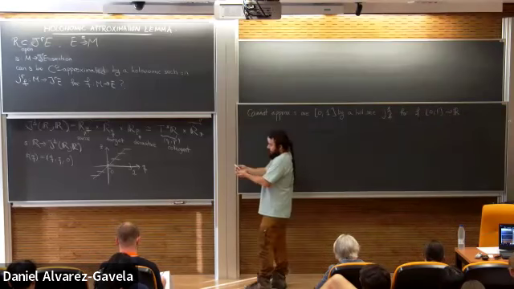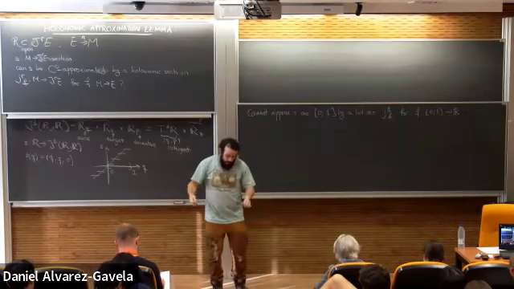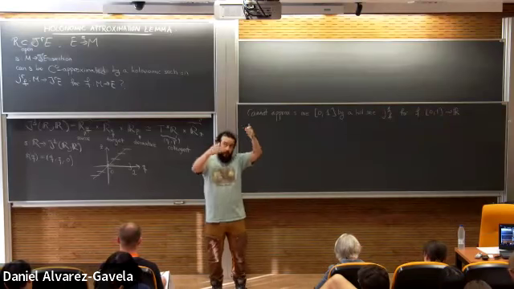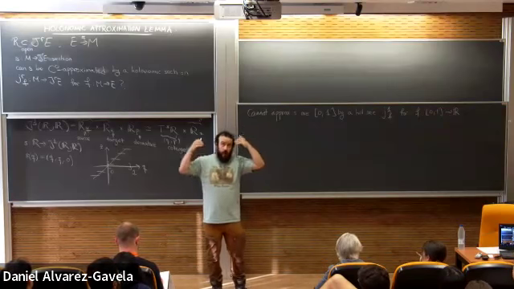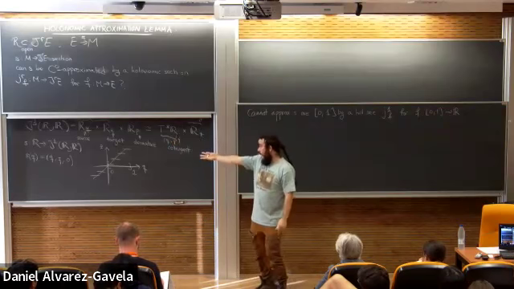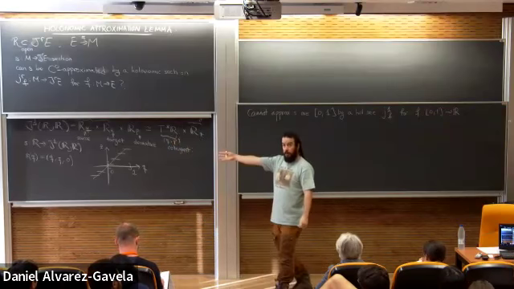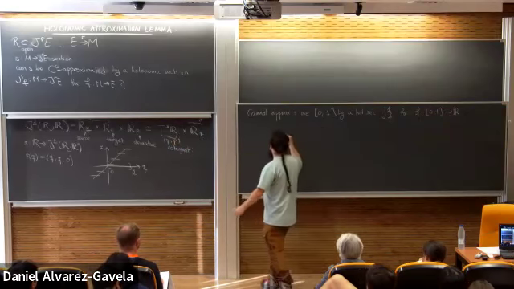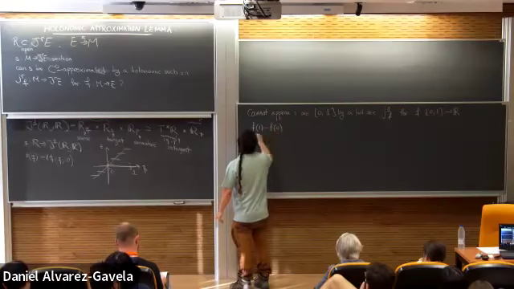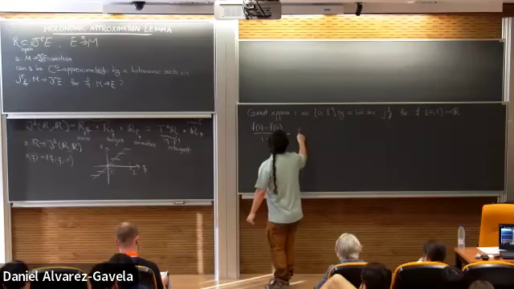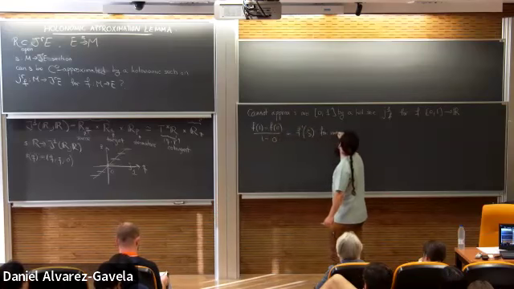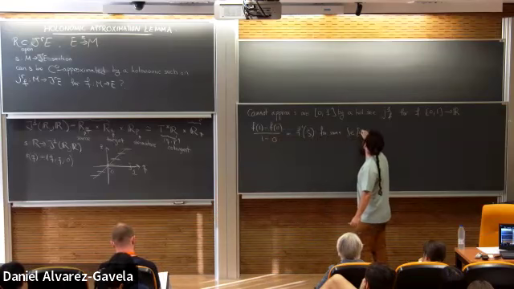Because if I'm going to go from 0 to 1, and I'm going to go up 1 unit in height, then roughly speaking, the derivative is going to be of the order 1. And here I'm asking that it's very small. So you can say that f of 1 minus f of 0, 1 minus 0 will have to be f prime of zeta for some zeta in 0, 1 by the mean value theorem.